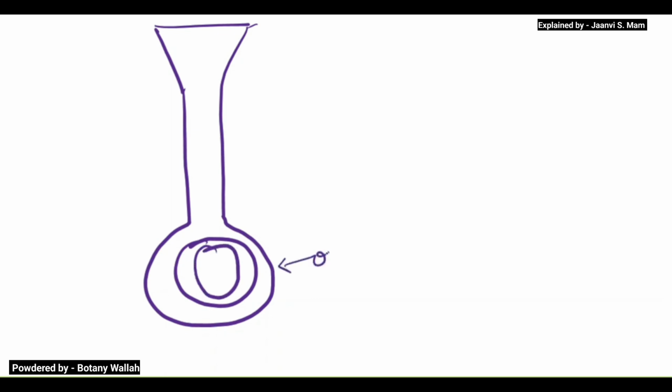Okay, so you can say ovary, ovule, then embryo sac. And inside this embryo sac you have the megaspore cell.